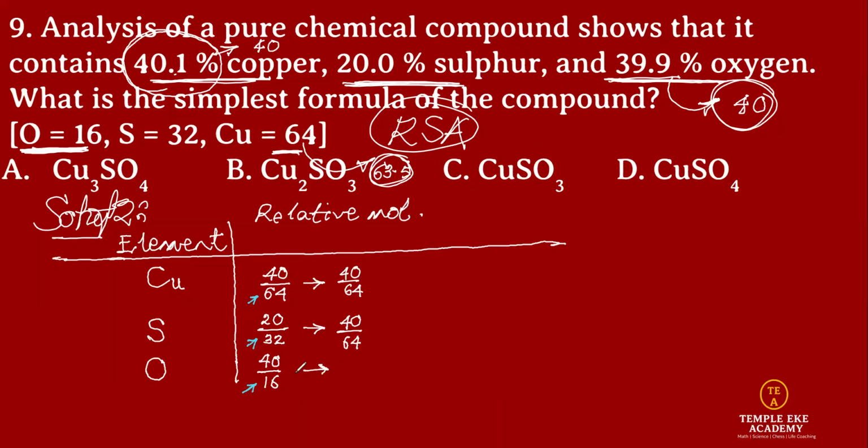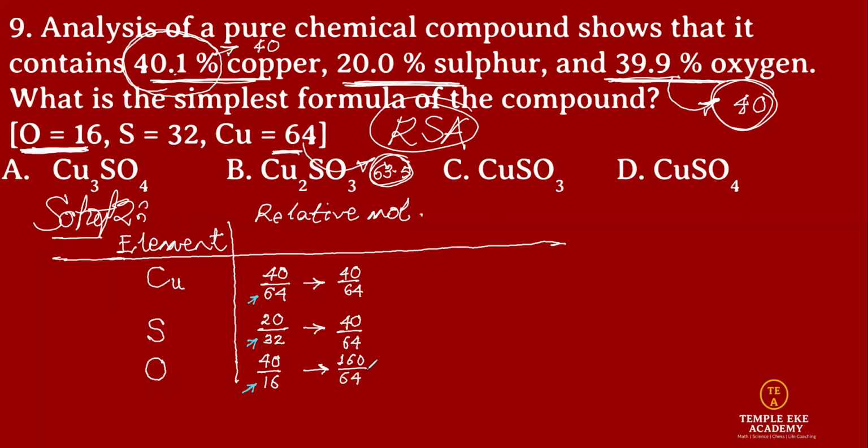And of course, what do we do to 16 to generate 64? Multiplying by 4. That should be done to both the numerator and denominator. So 40 multiplied by 4 gives us 160, and 16 multiplied by 4 gives us 64, as we can see.